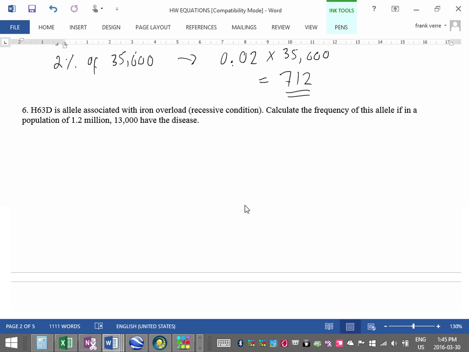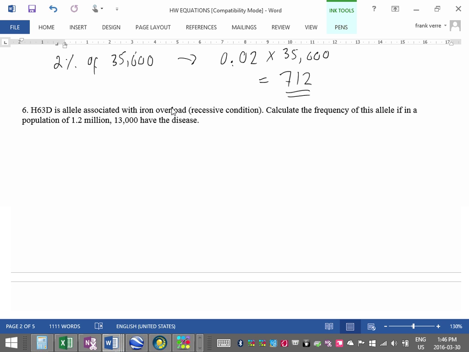Now, it's recessive. This condition is the opposite of having not enough iron. This is having too much iron. Too much iron is actually not good for you either. A lot of infectious agents love iron, and they multiply like crazy when there's a lot of iron, and that's not good for the individual who's infected.